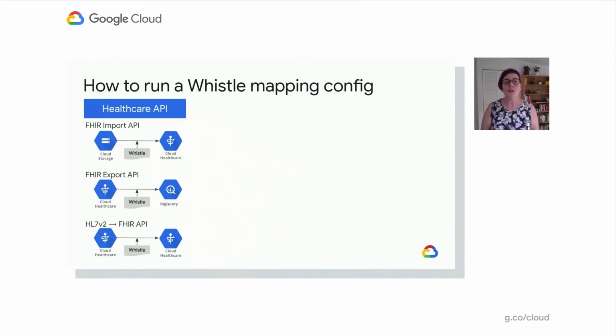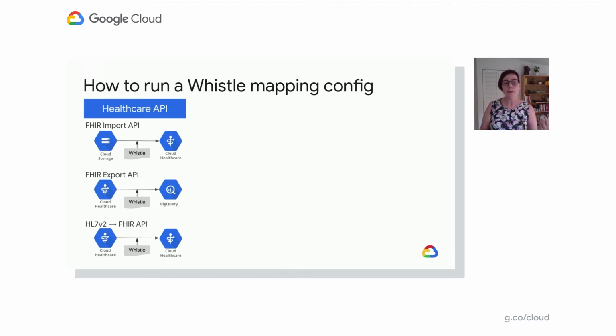So you've created this WHISTLE mapping configuration. Now how do you run it? We have 3 different ways that you can run a WHISTLE mapping configuration, create a pipeline, and convert your data. The first is using the Google Cloud Healthcare API.